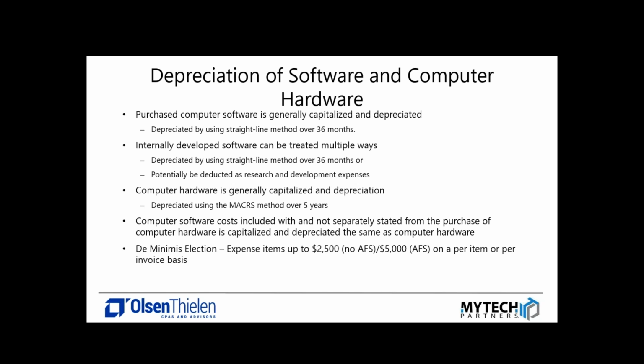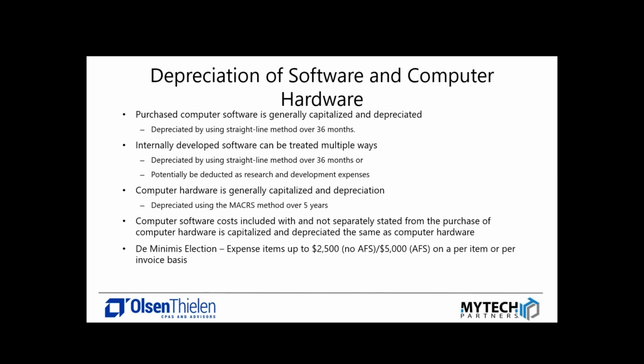Another item is the tax law gives you a de minimis expense election annually, so it lines up with whatever your internal capitalization policy is. Many companies say items under a specific threshold, we're not going to capitalize. We're just going to expense it as supplies or repairs or whatever.